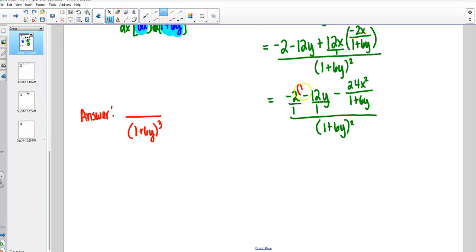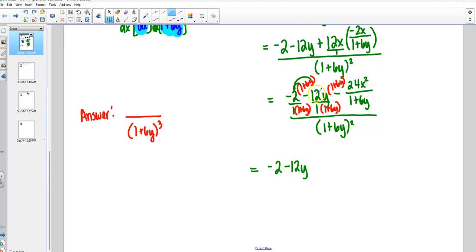So that means you've got to multiply by 1 plus 6y on the top and bottom of both of these fractions here. So this negative 2 will get distributed to 1 plus 6y, so we'll get negative 2 minus 12y.